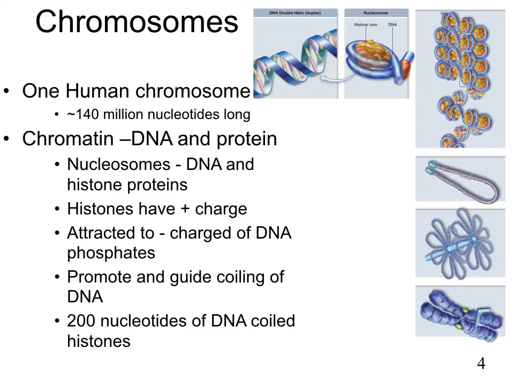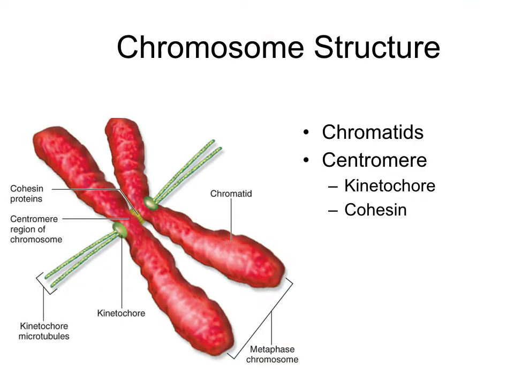The DNA loop is normally wrapped around there. And so this allows us to fit all this DNA into a small cell space. Normally chromatin is just coiled like this, but when cells are going to reproduce, there's this supercoiling going on. So the DNA molecule becomes this very large visible structure that we can see with a light microscope.